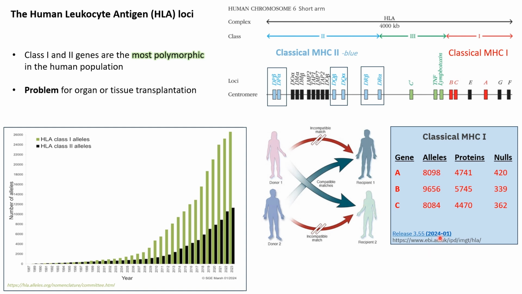As of January 2024, here are the numbers of alleles that people have identified for A, B, and C. These 26,000 here is putting everything together as just HLA1 or HLA2. If we divide HLA up into the A, B, and C, we've got 8 and 9 and 8,000 different alleles.